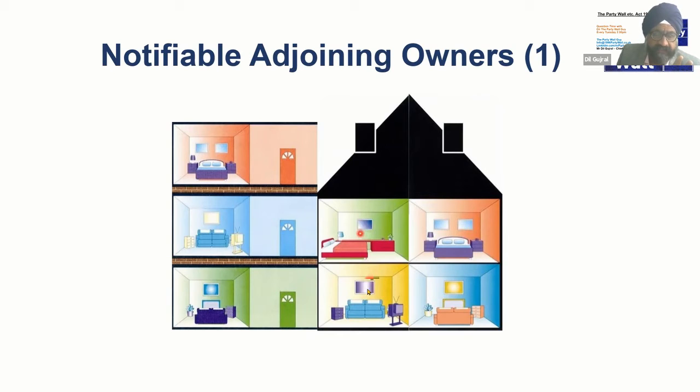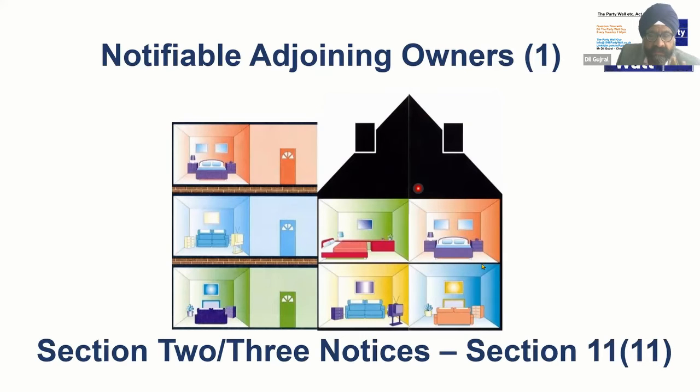There could be a flat downstairs, a flat upstairs. Again, next door flats or houses, doesn't matter. Now, the important point to note here is the works on this type of scheme are notifiable under Section 2(3), and the one issue to remember is Section 11(11), enclosure costs. I'll explain that as we go through.